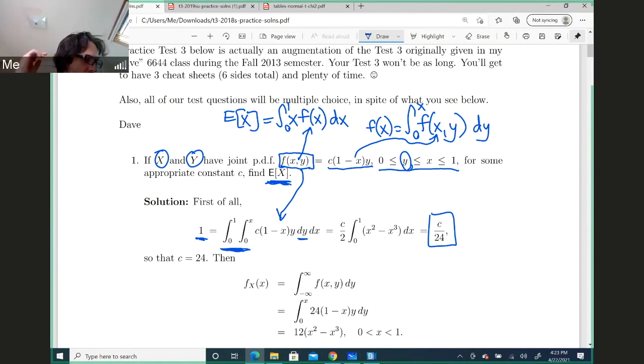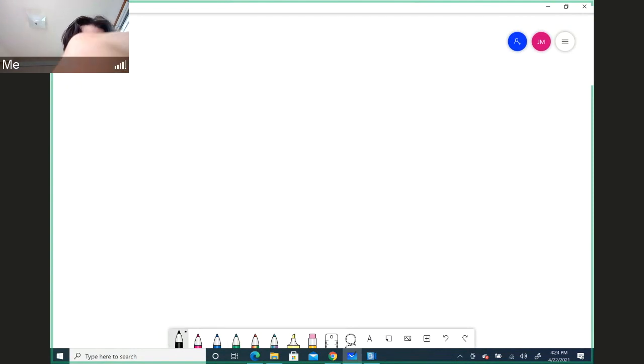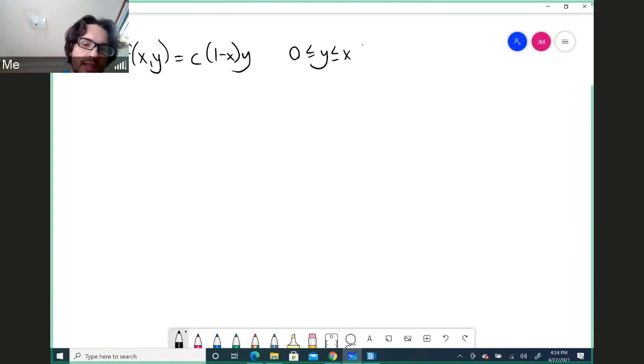So let's do that. Let me open up a different place to write. So here we go. Basically, recall we have f of x comma y equal to c times 1 minus x times y, for 0 less than y less than x less than 1, and we want to figure out what c is.